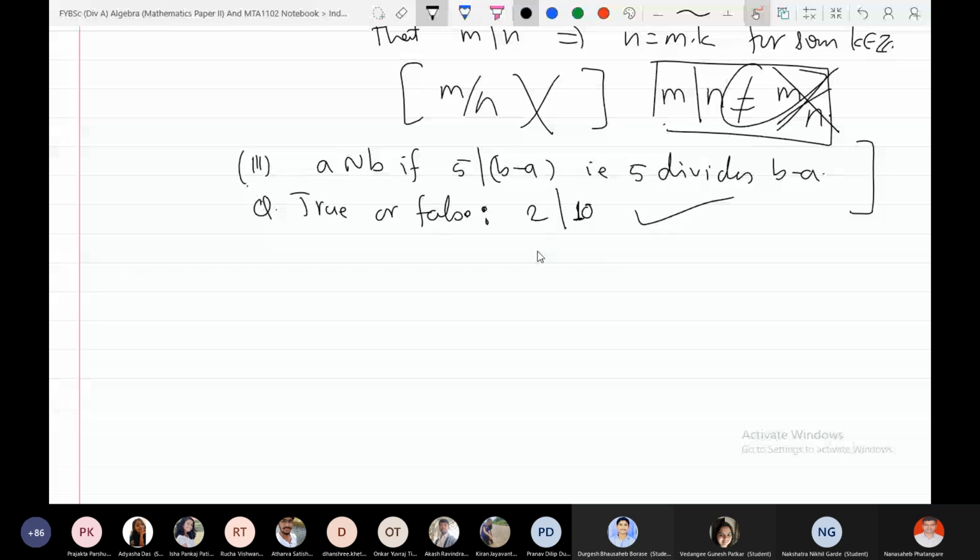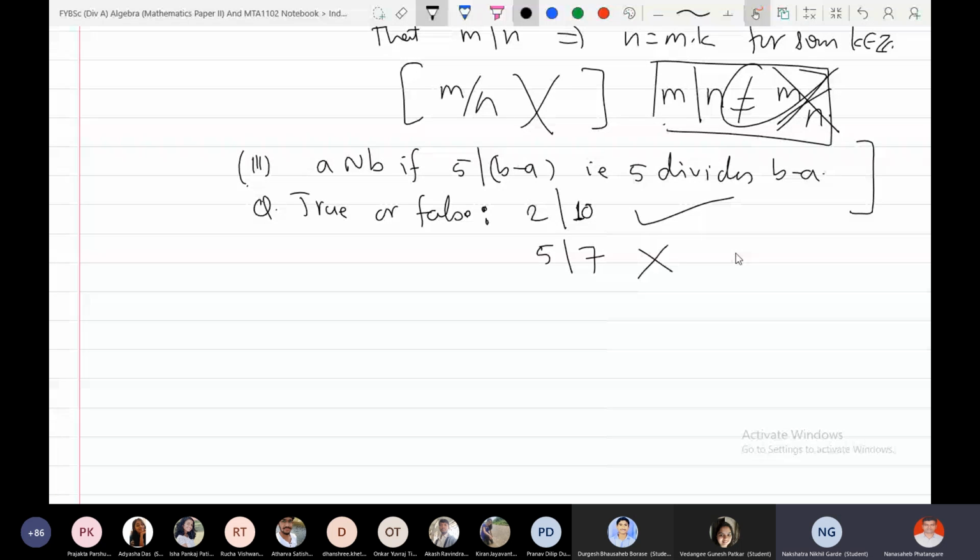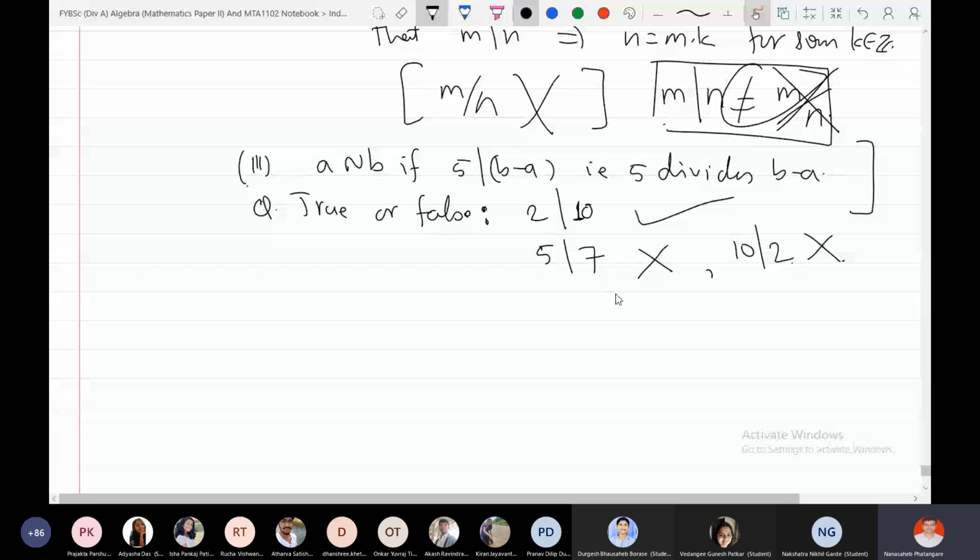Now, is it true that 10 divides 2? No, sir. 10 does not divide 2. So now the idea is clear of what I mean to say. We are just giving notation for a divides b or m divides n.